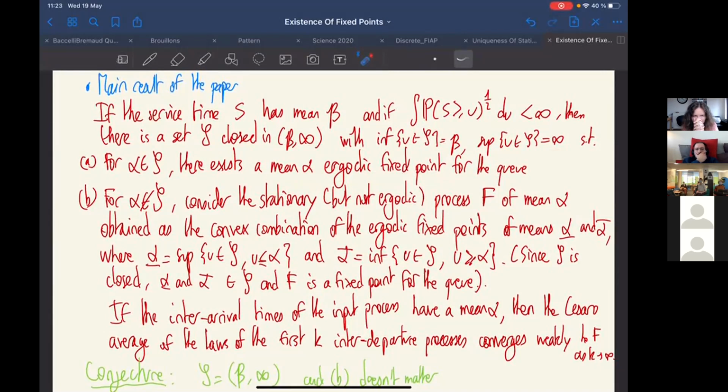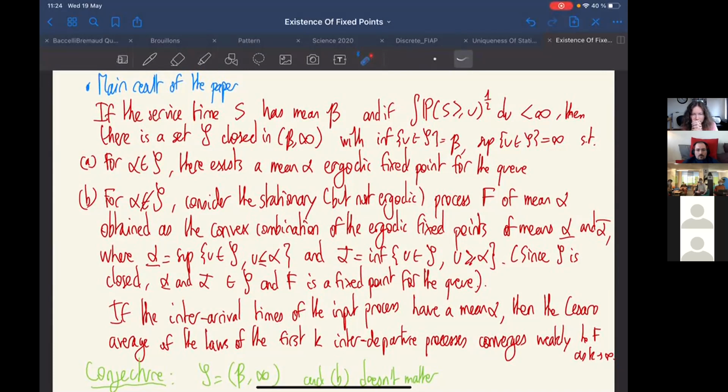There is going to be a fixed point which is a convex combination of ergodic fixed points with means underscore alpha and overscore alpha, where underscore alpha is the greatest value in the set that is less than alpha, and overscore alpha is the smallest value in the set that is greater than alpha. And so the Cesaro average of the law of the first k interdeparture processes will converge weakly to this fixed point for the queue.